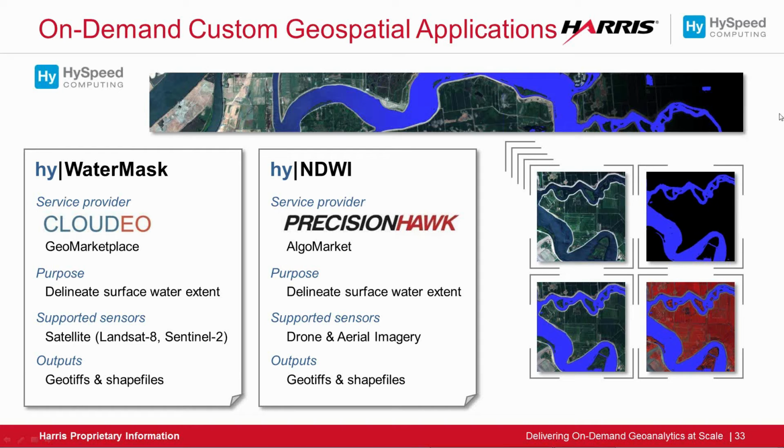Similarly, the NDWI application is on the Precision Hawk algorithm marketplace, and if you're not familiar with Precision Hawk, they work specifically with drone imagery, and they're also building an integrative platform for pulling together lots of different geospatial applications, but again, all related to drones.